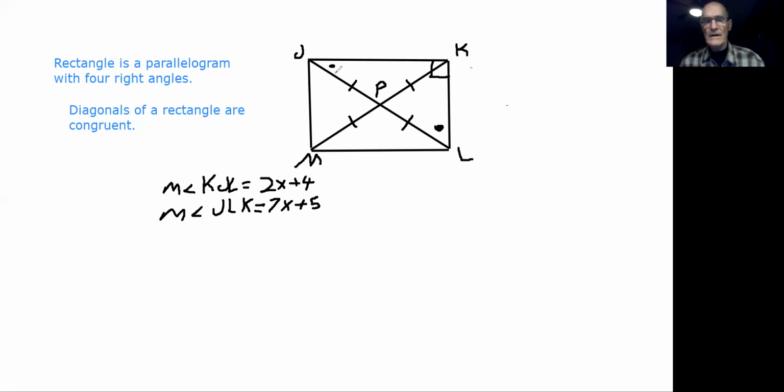So this angle plus this angle has to equal 90, because the triangle has 180 and there's 90 there. So 2x plus 4 plus 7x plus 5 equals 90. That gives 9x plus 9 equals 90, so 9x equals 90 minus 9, which is 81. That means x is equal to 9.